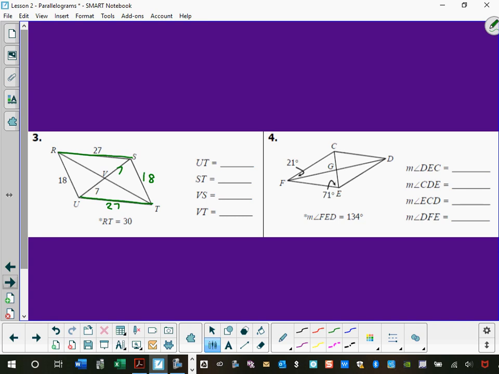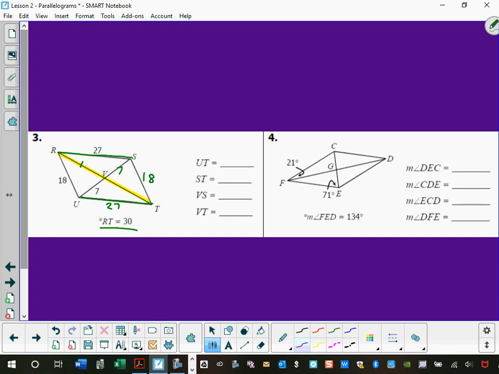Then it tells me down here that RT equals 30. That means that this entire thing is equal to 30. Well, clearly I can't just write 30 all over, but I can separate it by each piece. If RT is 30, each piece is going to be what?